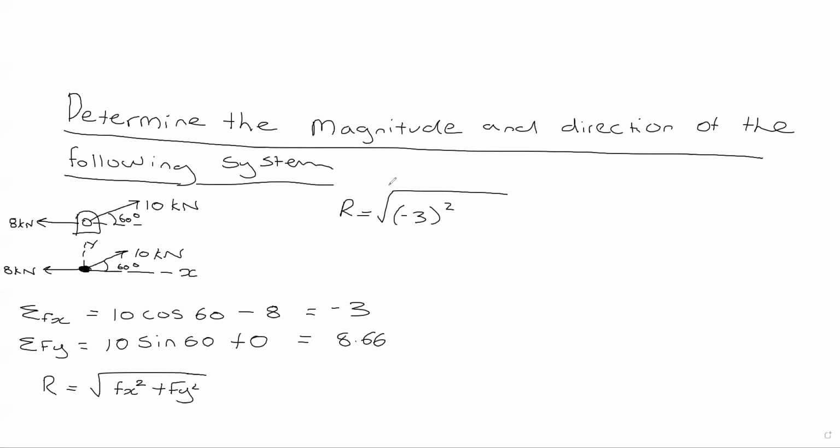Please do remember to include your brackets. Otherwise, when you type this into a calculator or any other system, you would get an invalid answer. Then we do the same for Fy, which would be 8.66 squared, which we worked out earlier.